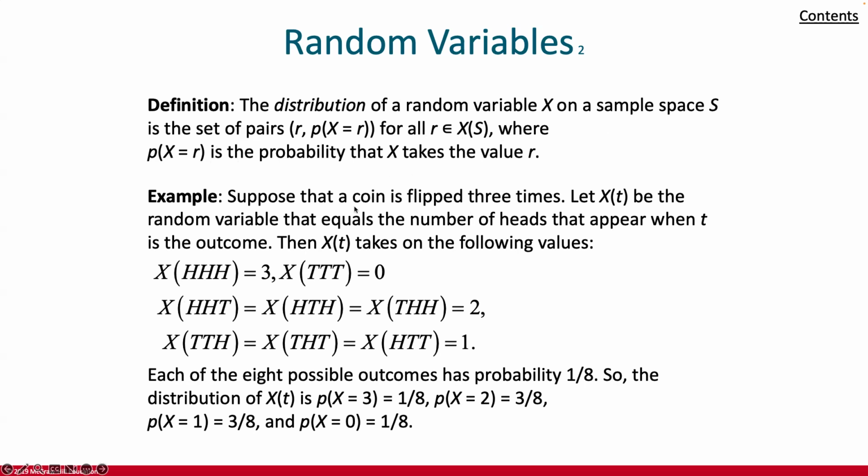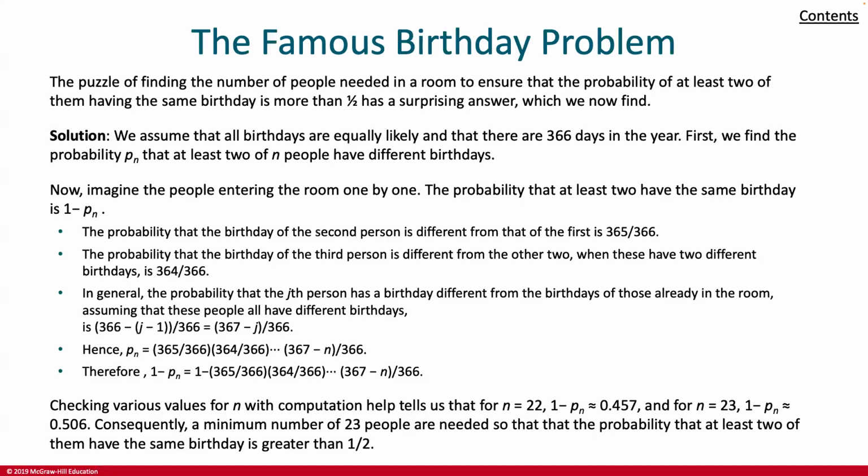So suppose that a coin is flipped 3 times, and let X(t) be the random variable that equals the number of heads that appear, where t is the outcome. Then X(t) takes on the following values. And you can just walk through these results that they talk about here. So I'll just go through this quickly.